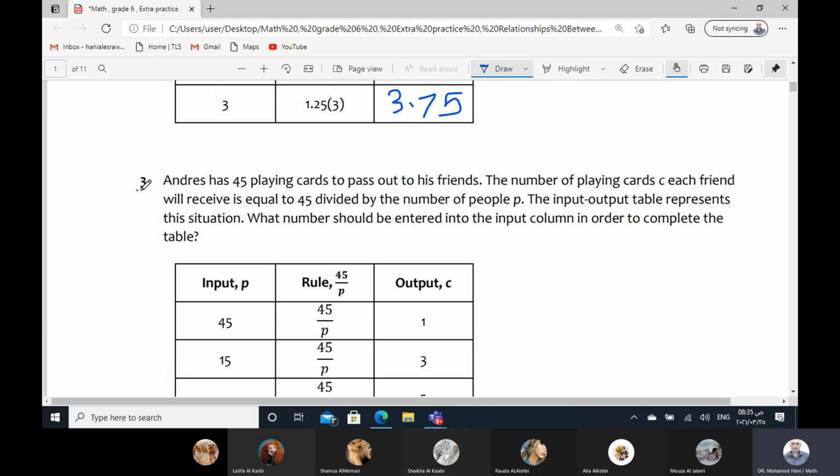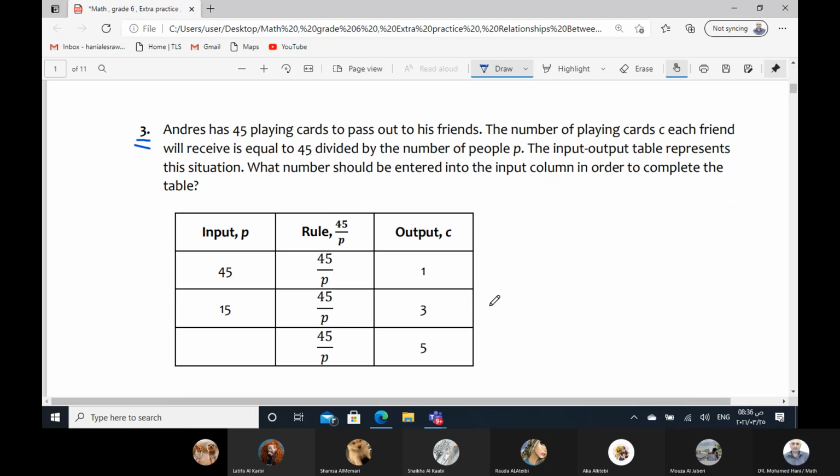Okay, who can read exercise number 3, please? Mr., can I read again? Okay, Alia. Andres has 45 playing cards to pass out to his friends.